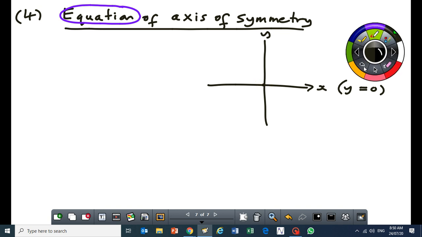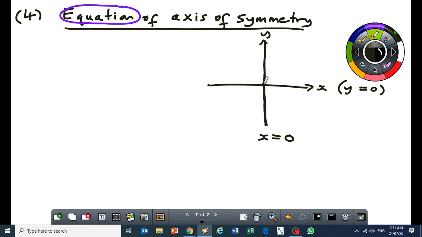So if you are talking about the x-axis, your equation must be in the form y equal to 0. When you are talking about the y-axis, the equation is going to be x equal to 0, because here x is 0.